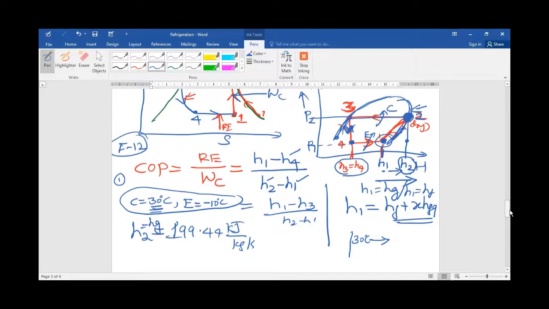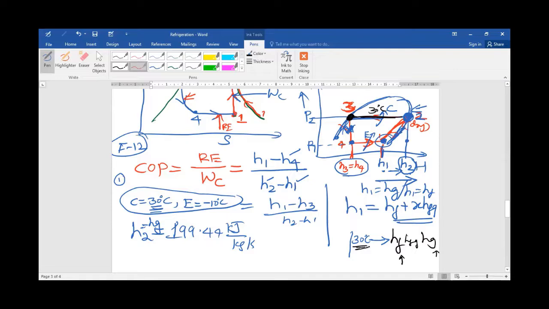Similarly, point number 3 is also related to the condenser, so the condenser temperature is 30 degrees Celsius. In the same 30 degrees Celsius row, instead of Hg, now you need to take HF, because point 3 is on the liquid line. F stands for liquid, G stands for dry, and in between these two it is the HFG value.